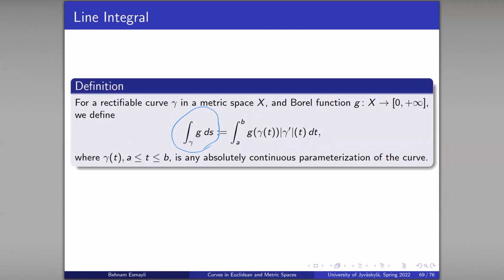So gamma is the curve, and we use ds, important, not dH1 as it will be later. All of this here is one unit of notation, and G here is some Borel non-negative function, infinity value also allowed. Borel guarantees that this integral will be well defined, that this function will be measurable.